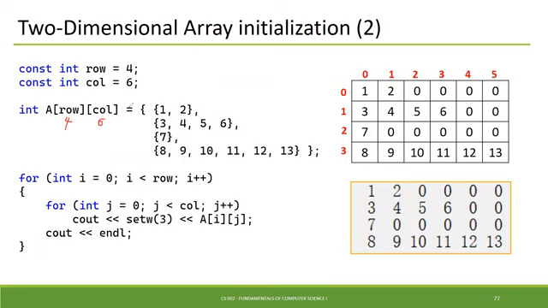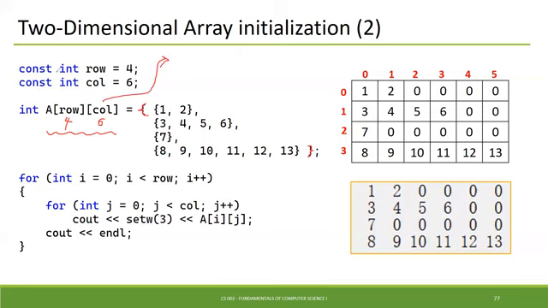So in this curly brace, I have four one-dimensional arrays. This means that each row has 6 data, right?